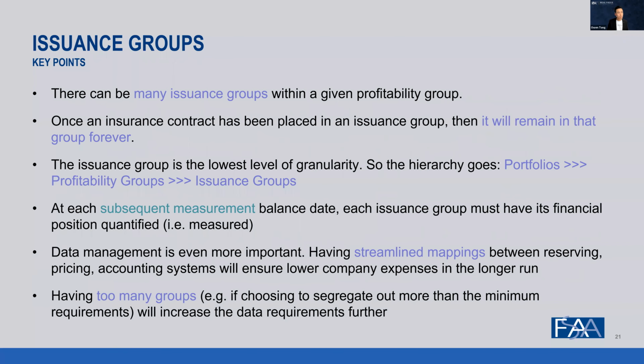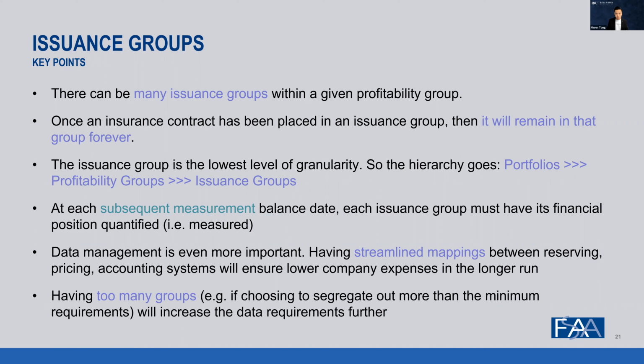So just a few key points, and then I'll wrap it up with an illustration putting all of this together. There can be many issuance groups within a profitability group, and you can group them on the dates the policies were issued from a literal interpretation, or potentially, the idea I've just thrown out, you may group it based on the policy written date or the inception date of the policy.